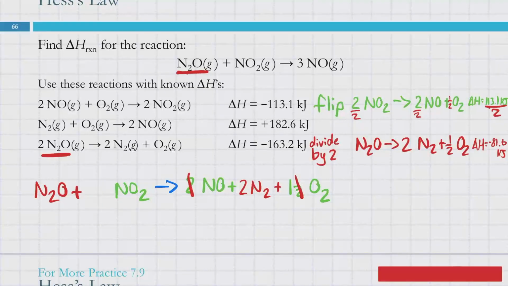Updating our things. Our delta H would be this. I'm being lazy and not doing the thing in the calculator. This is what we currently have for our delta H. What fun.